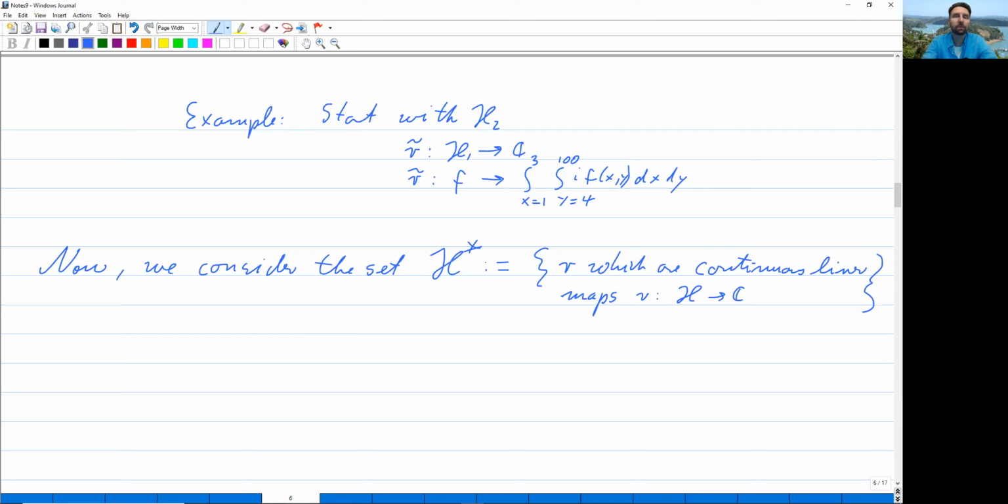But for each one of those complex vector spaces, be it H1 or H2, you can of course write down many, many, many such linear maps. And this collection of all of them, that's what we then call H star.